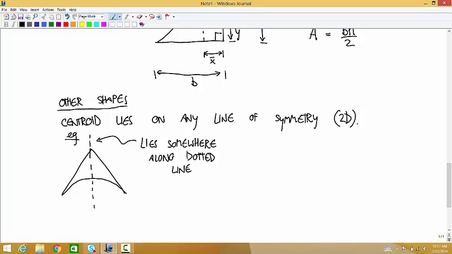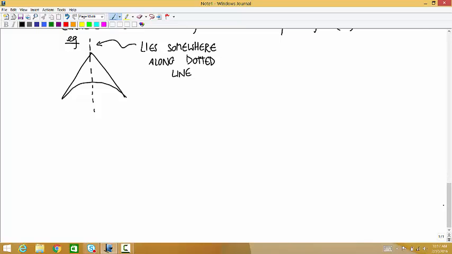And if you have a shape where you can find 2 lines of symmetry, then wherever they intersect has to be the centroid. So the centroid is at the intersection.